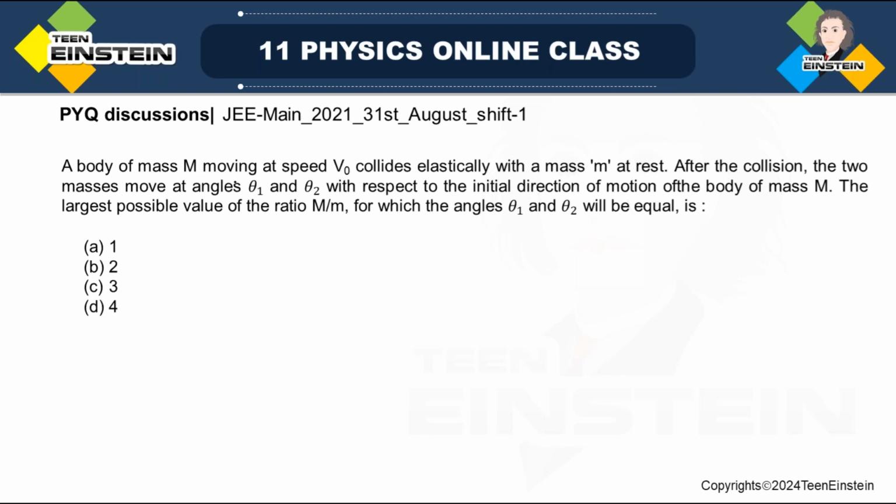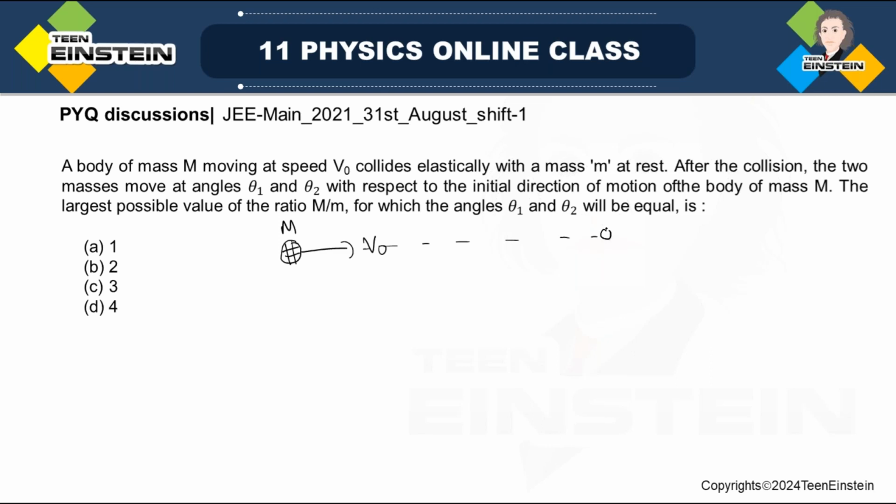A body of mass capital M moving with speed v, let us take this mass to be capital M, which is moving with speed v. Suppose it is moving in the positive x direction, and it collides elastically with a mass small m.